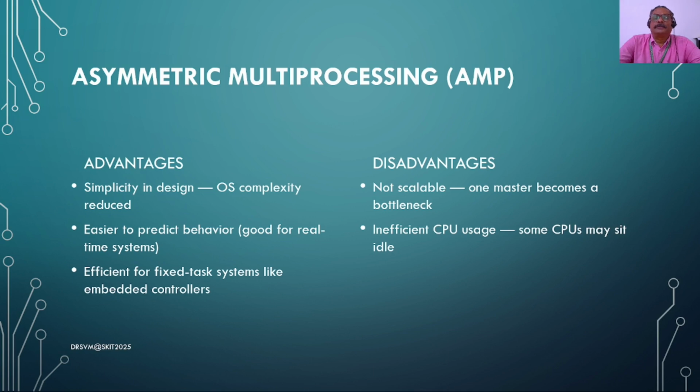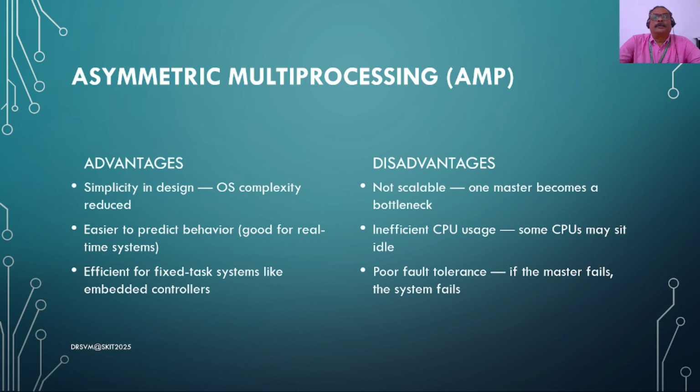So inefficient CPU usage and poor fault tolerance. If master fails, the whole system fails. So even if all the slaves are perfectly working, with no master working, everything just breaks down.